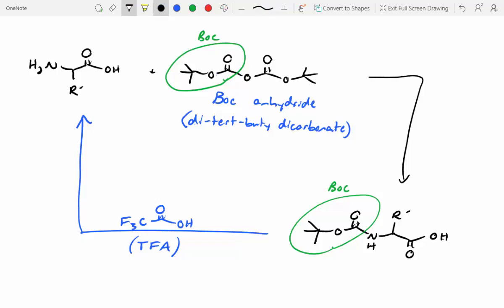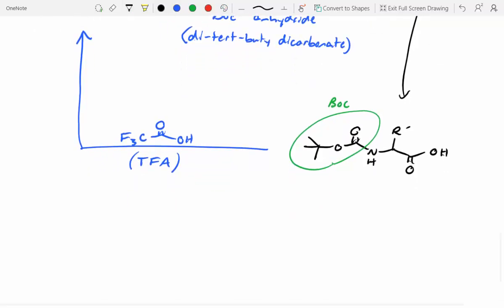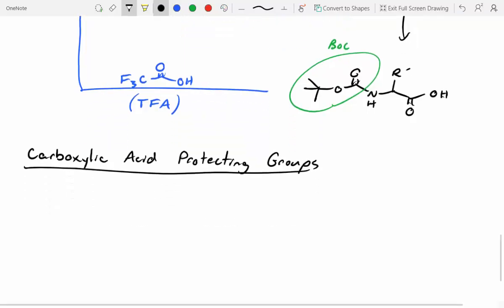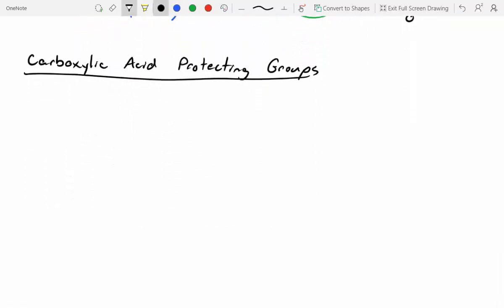All right, so now that we've protected one of the amines, we have to protect the other carboxylic acids that we don't want to react. So let's take a look at carboxylic acid protecting groups. We've got our amino acid.